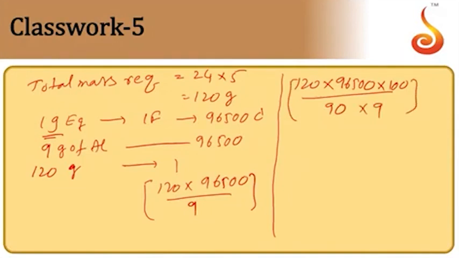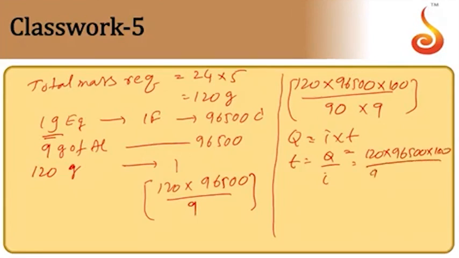Now the charge Q is equal to I into T. Now we require the time, that is what they are asking us. So therefore time T will be equal to Q by I, which is equal to Q, 120 into 96,500 into 100 by 90 into 9, divided by the value of I, which is given as 9650.